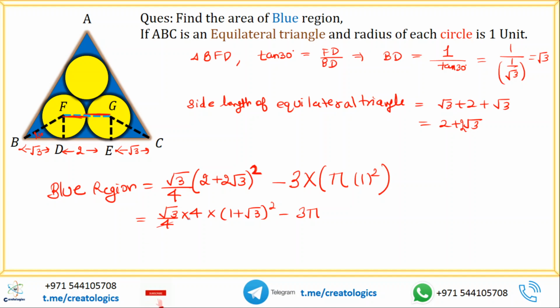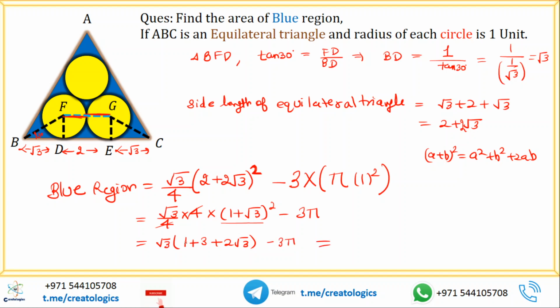Let us solve it. 4 cancelled with 4, and if I solve this, a plus b whole squared, which is a squared plus b squared plus 2ab, right? So I am using a plus b whole square is equal to a square plus b square plus 2ab. So I will get root 3 times 1 plus root 3 square, which is 3 plus 2 root 3, minus 3 pi.